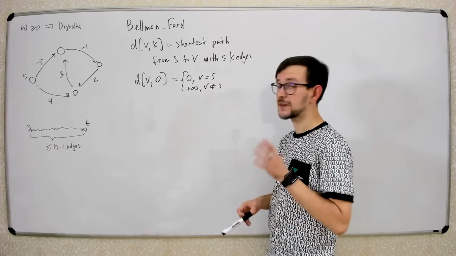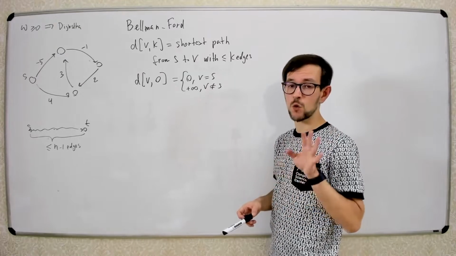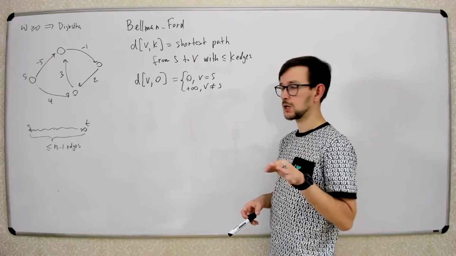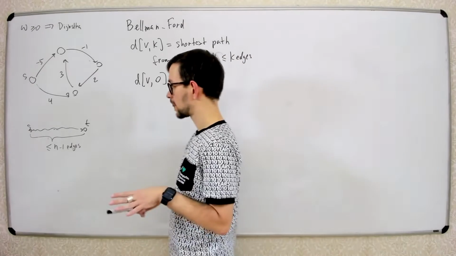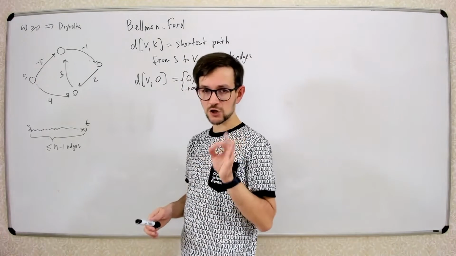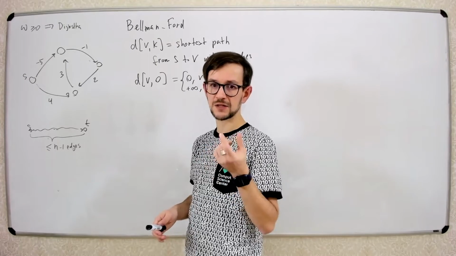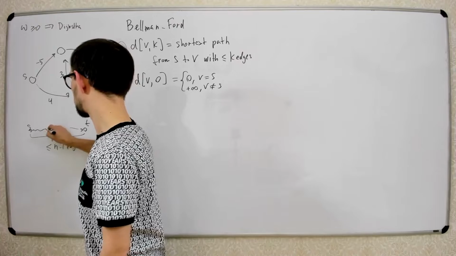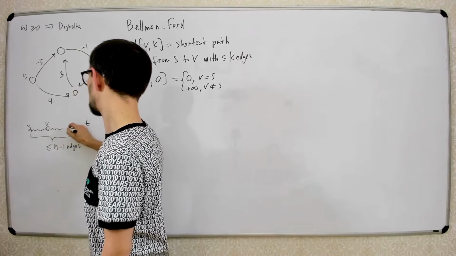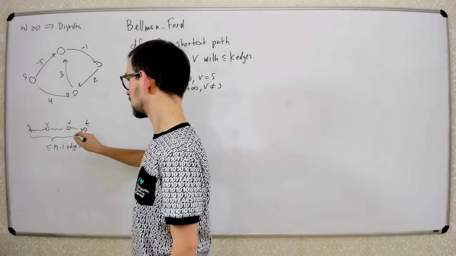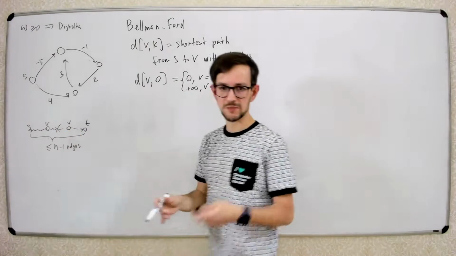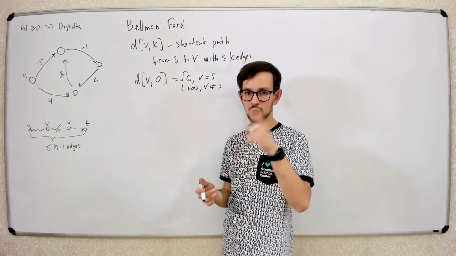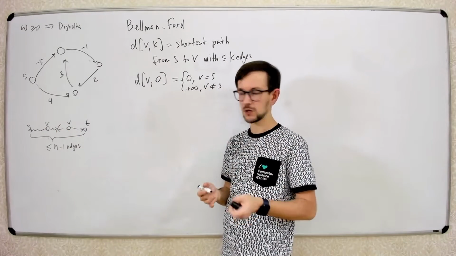No, I claim that the shortest path is always vertex simple. So any shortest path cannot contain the same vertex twice. If in your shortest path you have some vertex v, and then again you have vertex v, then you can remove this part, because this part is a cycle, and the weight of any cycle is non-negative.